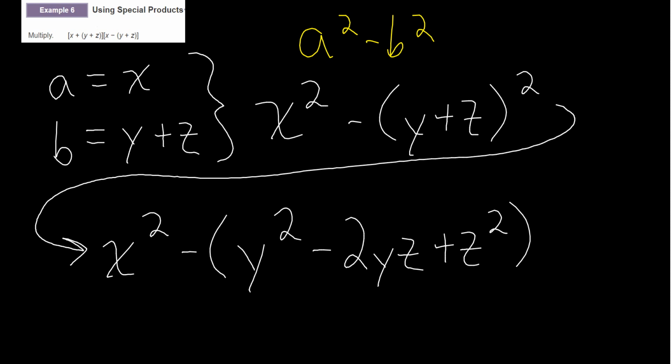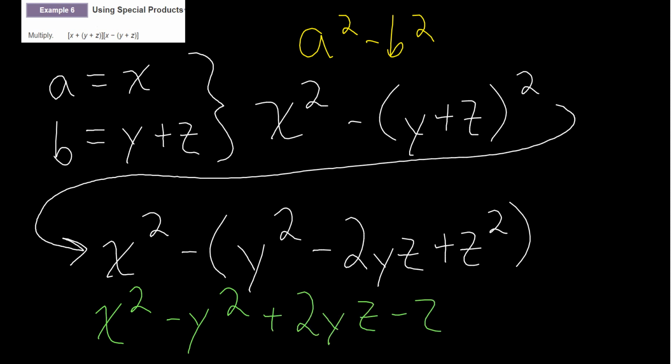And then from here, we can simply write x squared, and we're going to distribute that negative sign through, so it's going to be minus y squared minus 2yz minus z squared. Okay, so that's a very tedious problem, and it combined the rules that we have seen before.